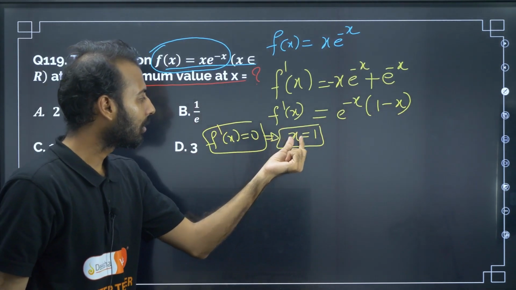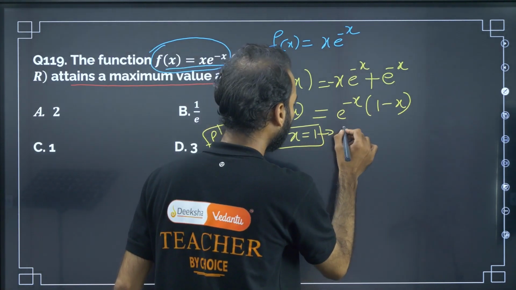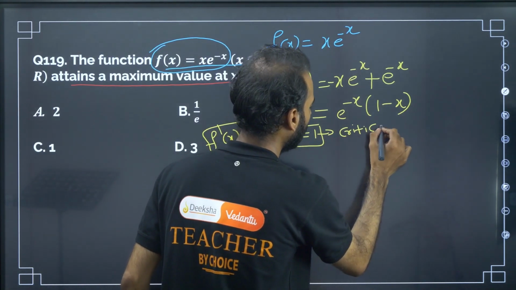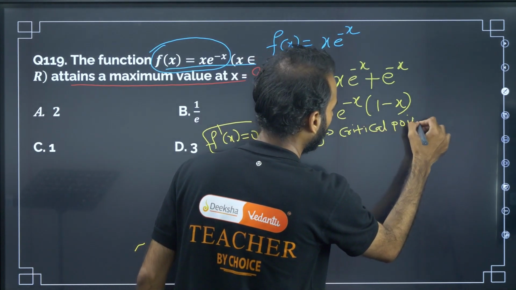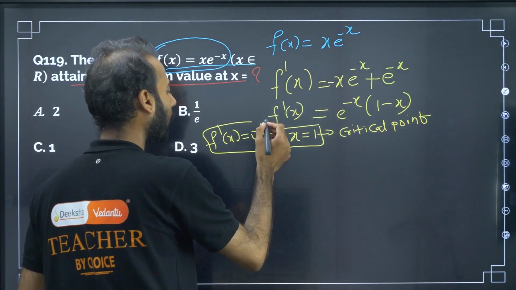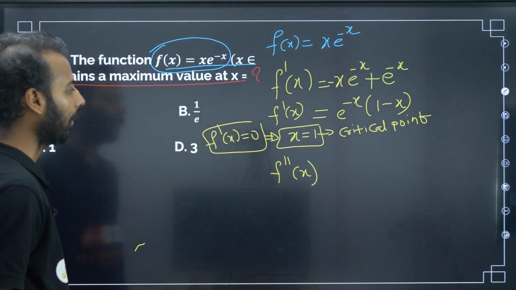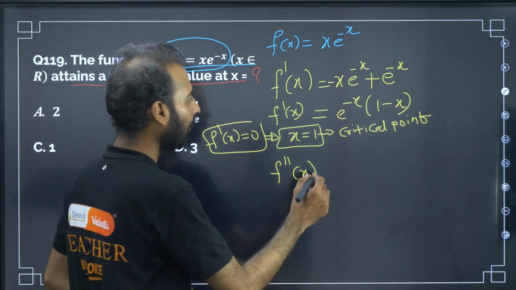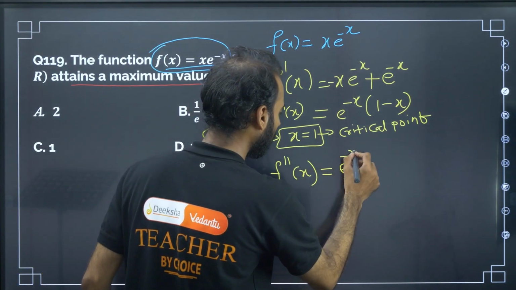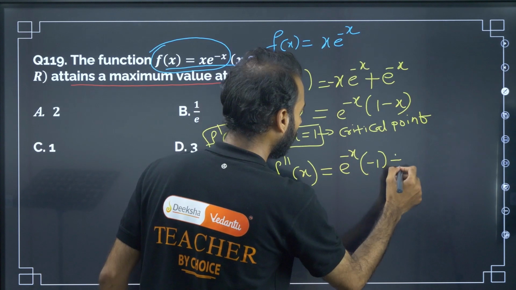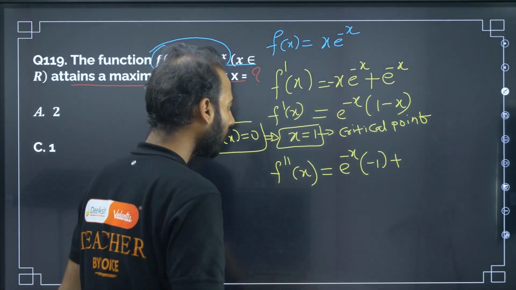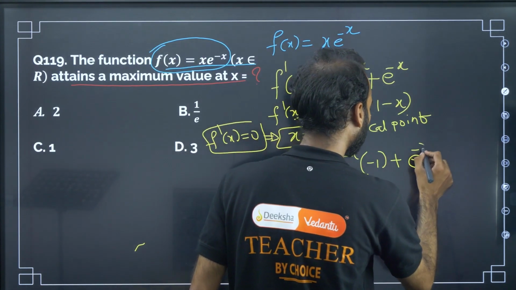Now this is one critical point. Now further we have to go for the second derivative to know whether this is a maximum or minimum. F double dash of x: this is negative, minus 1 plus, e raised to minus x I am keeping as it is.